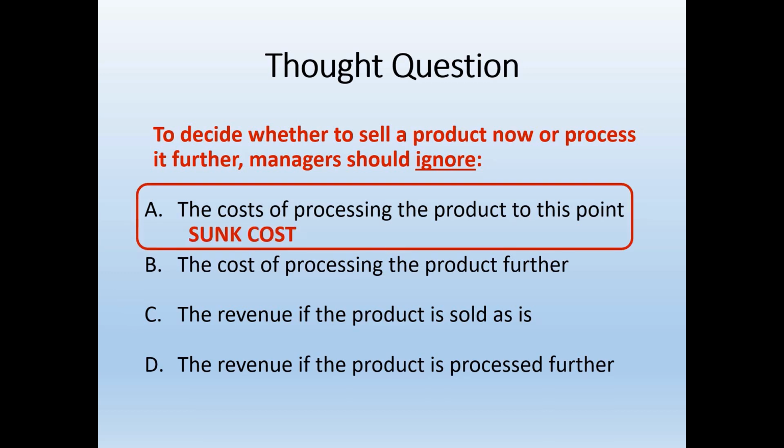The costs of processing the product up to this point is a sunk cost. The other items are differential. That is, whether they occur depends on the choice that the manager makes.